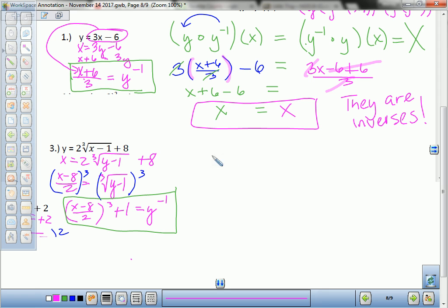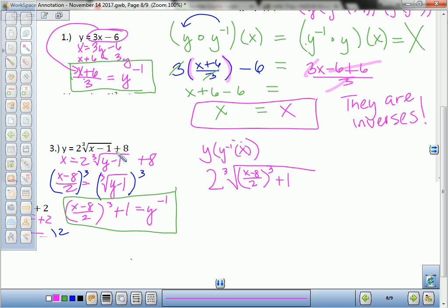All right, so let's do y inverse of x first. So plug the inverse into the original function. Looks weird, I'll tell you, because x is right here under a radical. So this stuff, x minus 8 divided by 2, all cubed plus 1, and then we had plus 8.